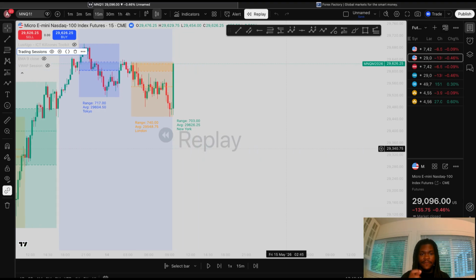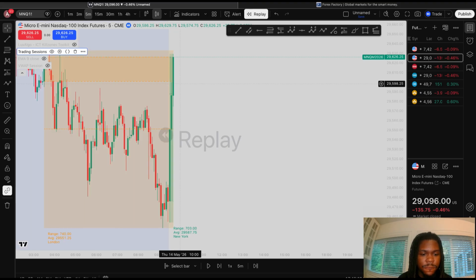We're back on May 14th, and that red news came out at 8:30, which means this 8:30 candle, the bottom of this wick, is a key area of liquidity.